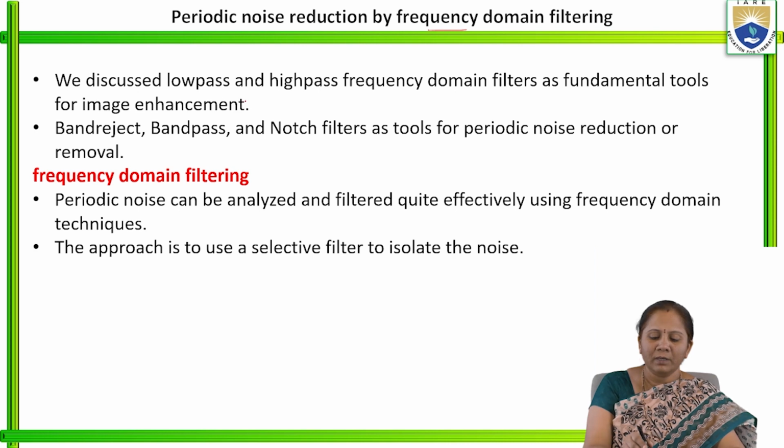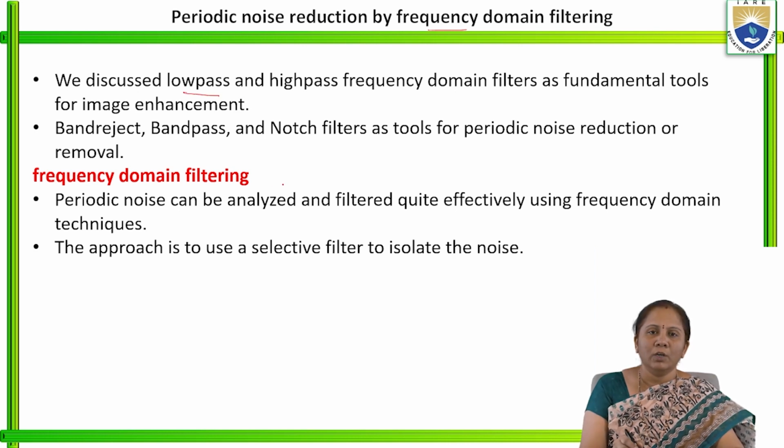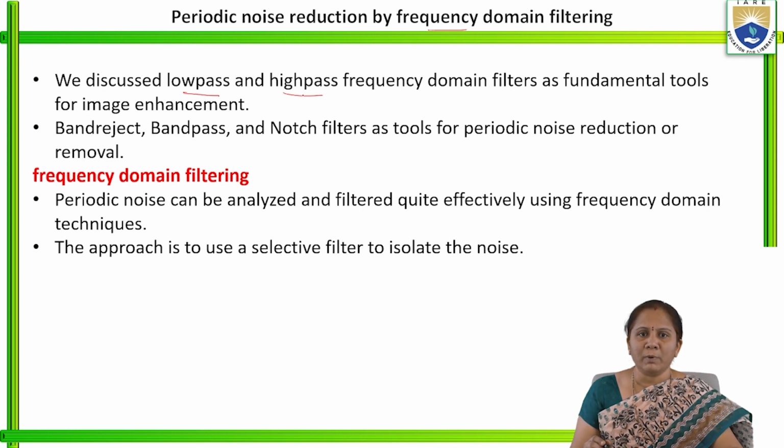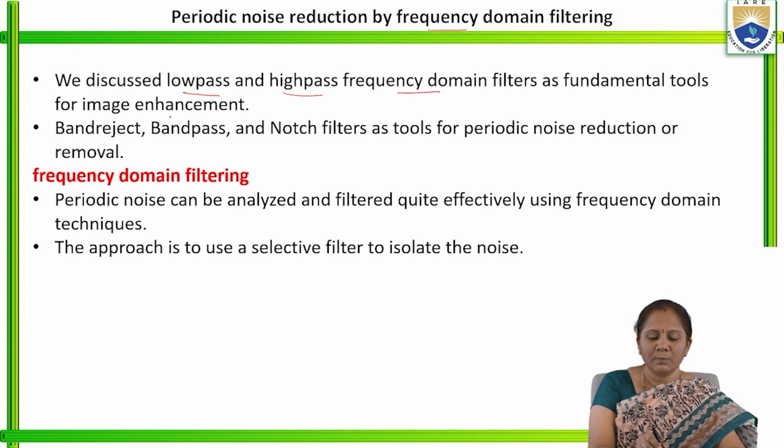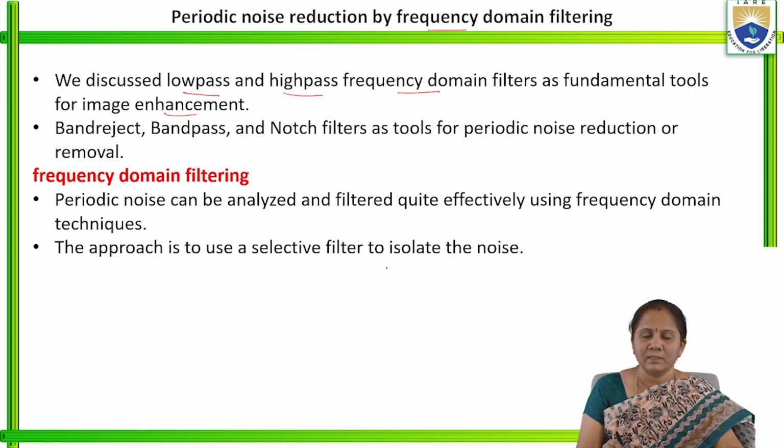For example, we discussed low pass filters, and we also learned about high pass filters. These filters in the frequency domain are important tools that can be used for image enhancement.